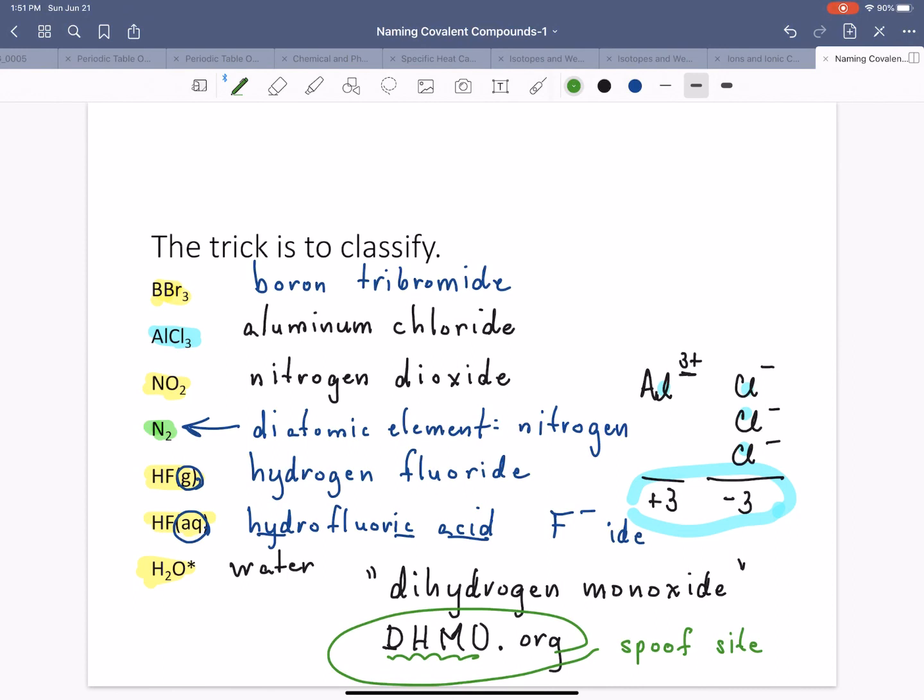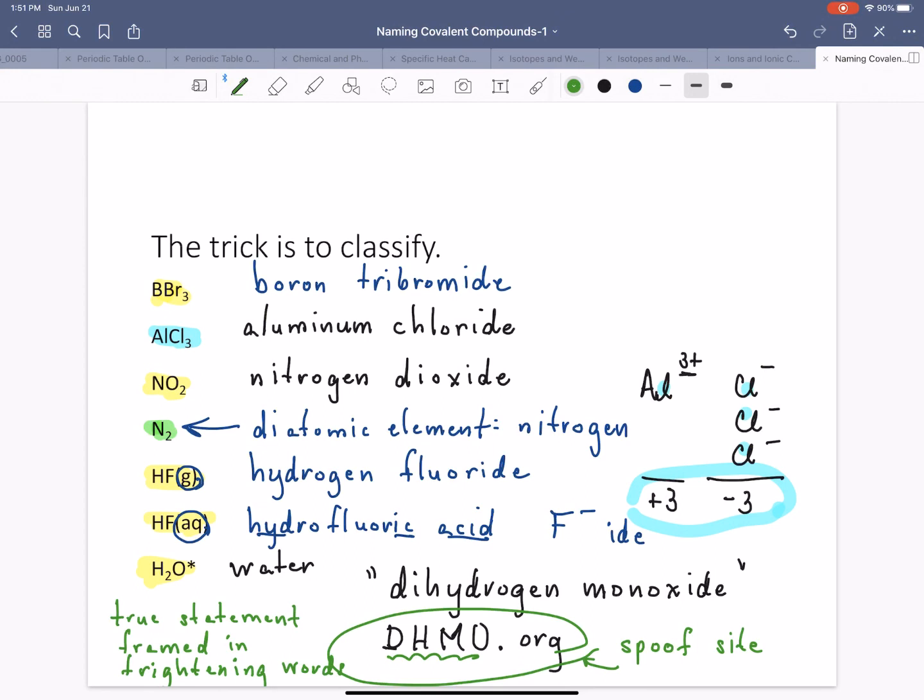So at this spoof site, they make statements that are actually quite true, but they frame it in a scary context. And actually, one town banned DHMO from their town because it was so frightening what they had read at the site.